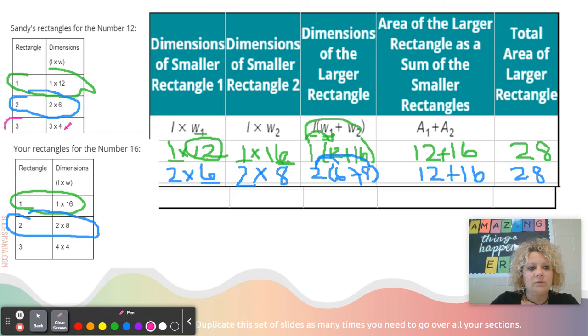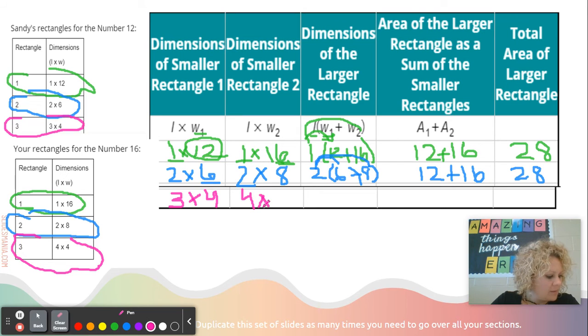All right, our last one right here, we get 3 times 4 from my first rectangle, and then 4 times 4 from my second one.